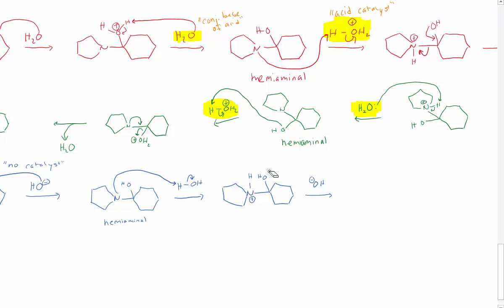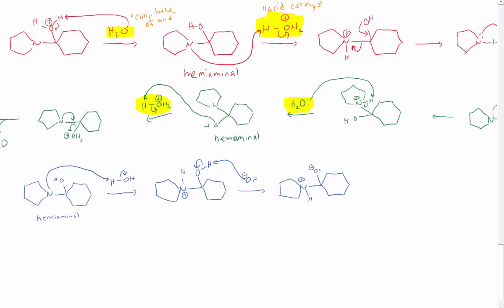So I'm going to take this OH group and draw it out more explicitly so I can show its deprotonation. Here's the alkoxide, the negative charge, that's going to come help kick out the nitrogen.